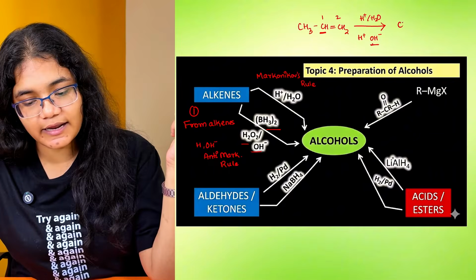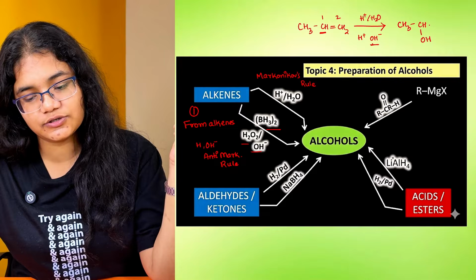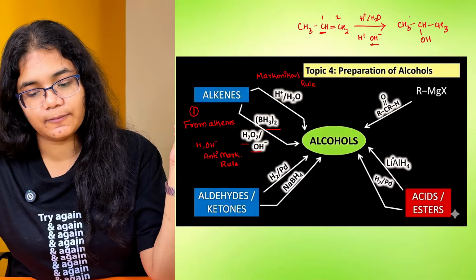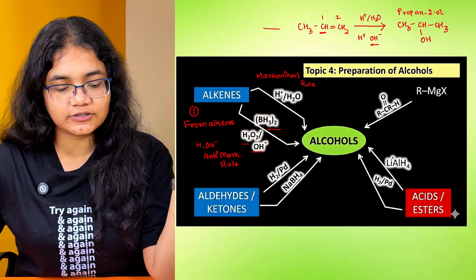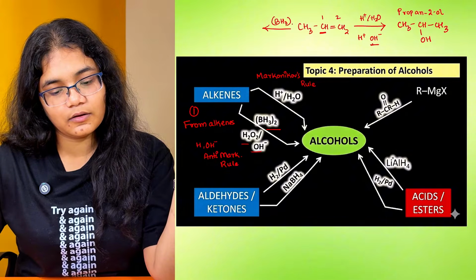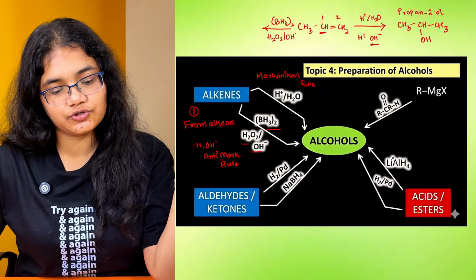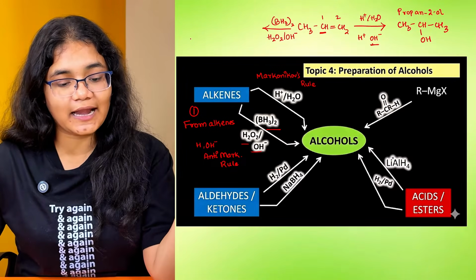So what will I get? CH3 CH OH CH3. The product here is propan-2-ol. Now if you do the reaction by addition of BH3, then H2O2, OH minus, it will add H and OH following anti-Markovnikov's rule.